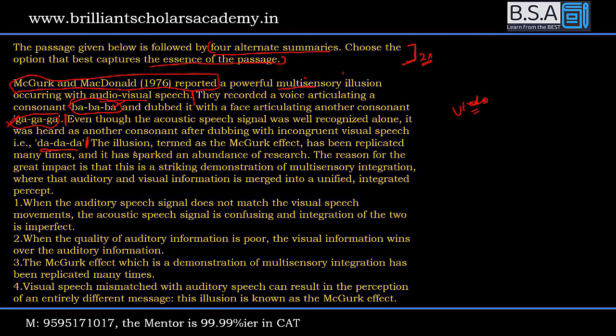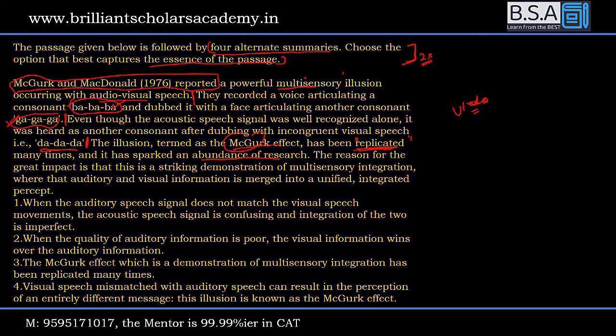The illusion termed the McGurk effect has been replicated many times, and it has sparked an abundance of research. This thing has been shown to happen, has been repeated many times, and there is very well established research after this.